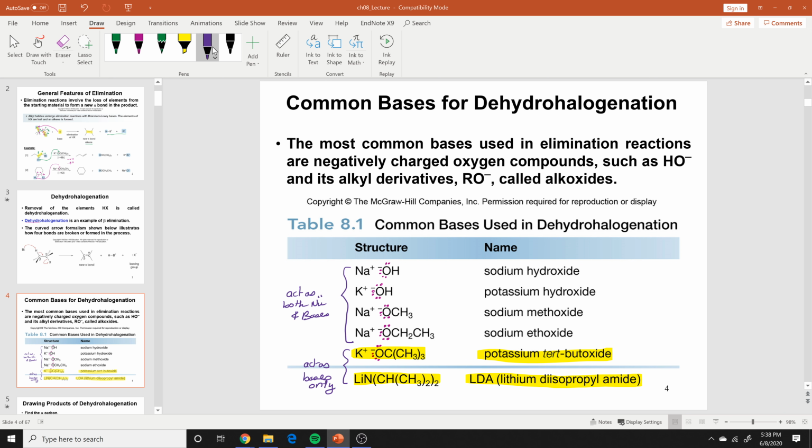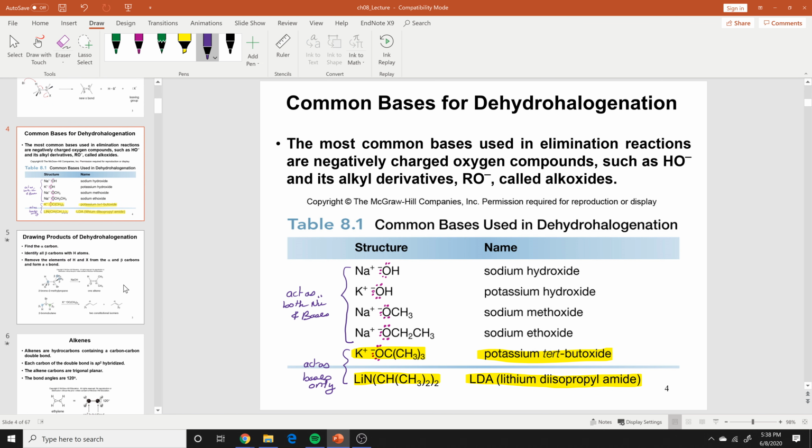Now we will be talking about linking substitution to elimination, but it's going to be at the end. But for now, let's go ahead and continue explaining the mechanism of elimination. So we will be treating those as bases only until we explain both substitution and elimination together.